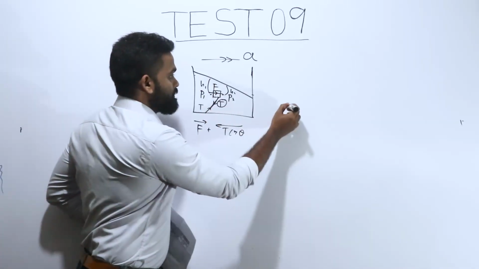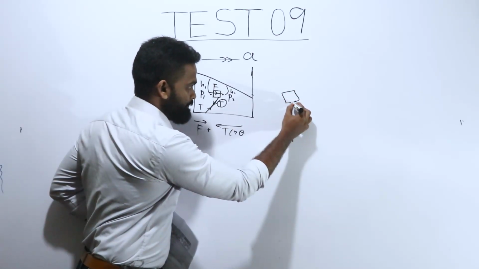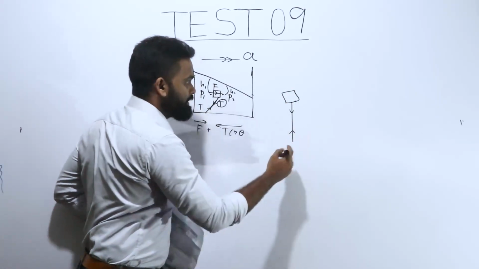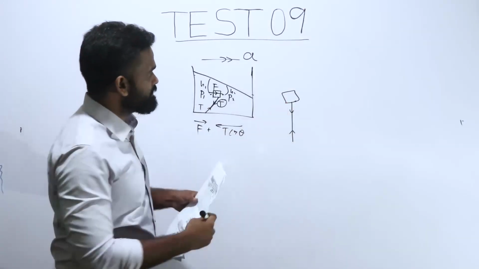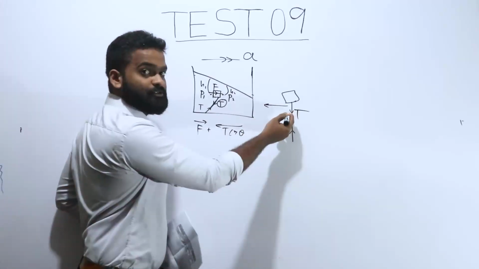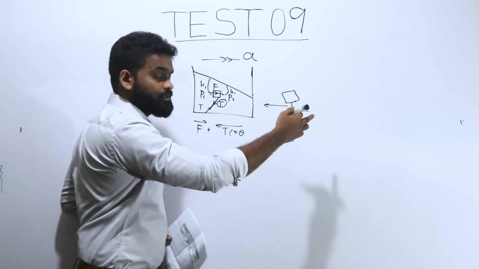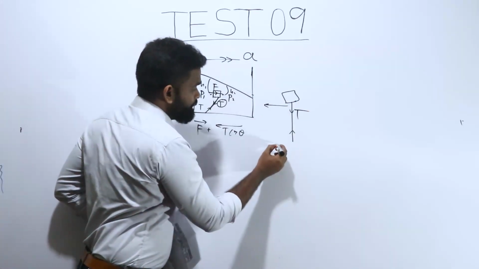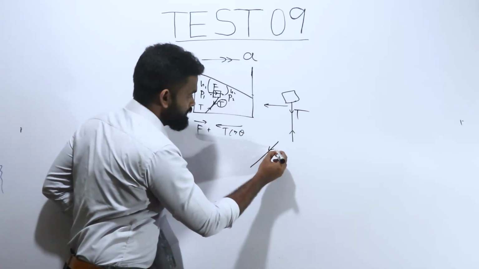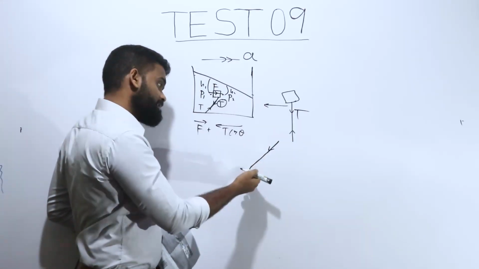If the string is like this, right? If it is formed vertically, then this tension cannot create a component to this side. It is obvious, right? Because it is normal to the direction of the acceleration. Therefore, the only way is that the string has to bend, I mean, it has to incline like this.